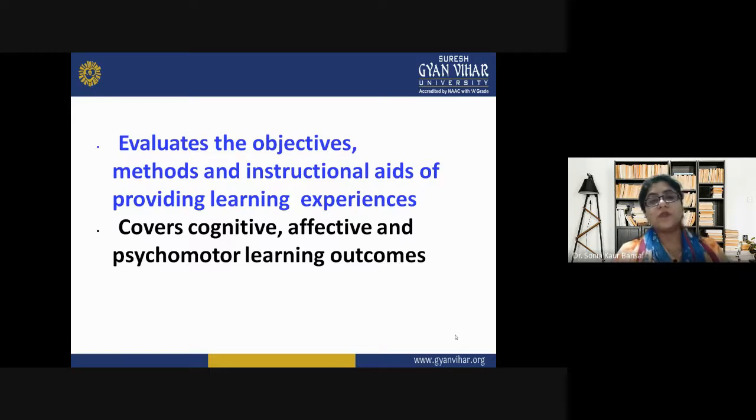I always talk about the 3H formula: head, heart, and hand. Head covers the cognitive part, which is concerned with logical thinking, classification, comparison, or how you see the content.